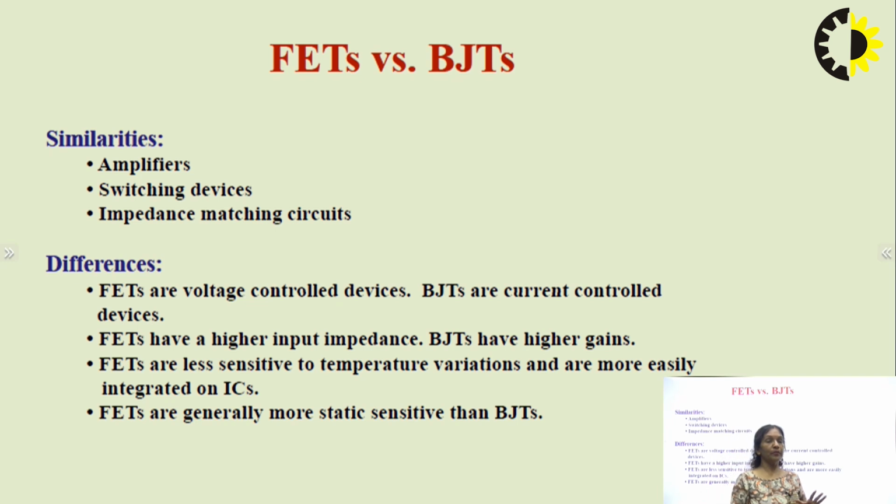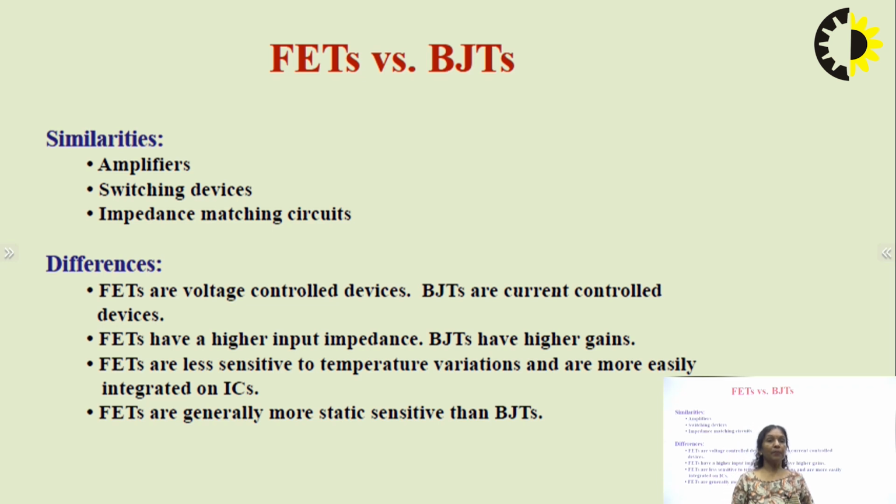If you are using an N-channel field effect transistor, then majority carriers will be electrons, and if we use a P-channel field effect transistor, then majority carriers will be holes. So the first difference is BJT is a bipolar device and FET is a unipolar device.